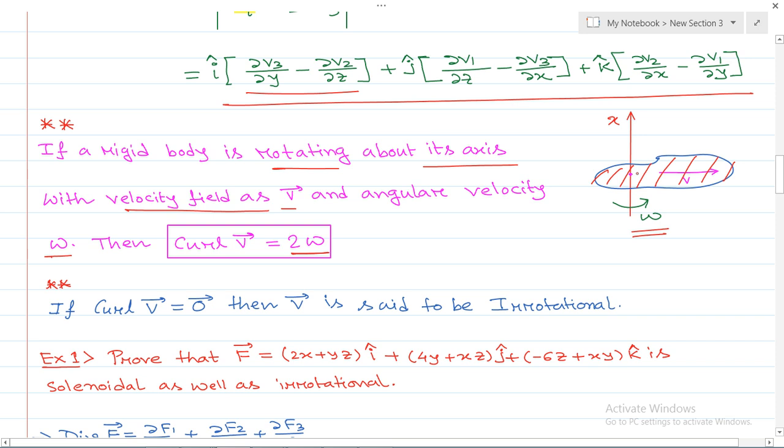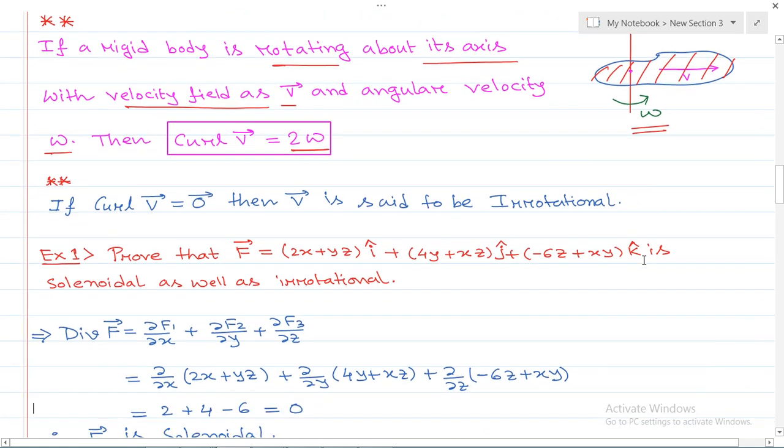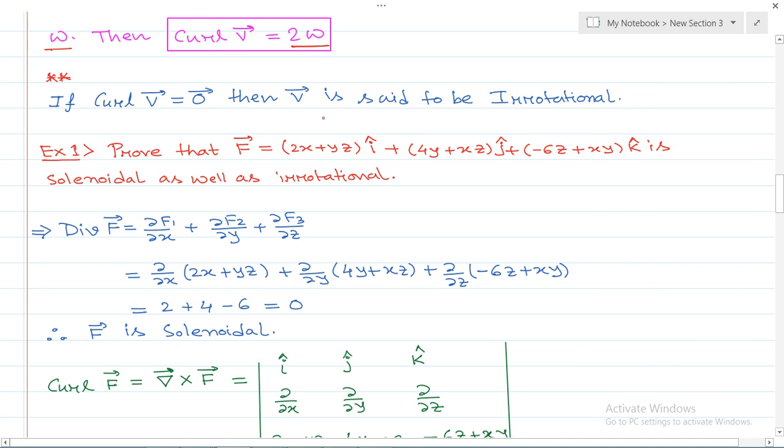Okay, so this is the physical meaning of a curl. Now if curl of v vector becomes 0 or a null vector, then v vector is said to be irrotational. If the divergence becomes 0, it is said to be solenoidal. If curl equals 0, it is said to be irrotational.